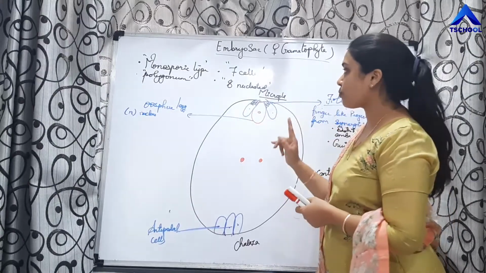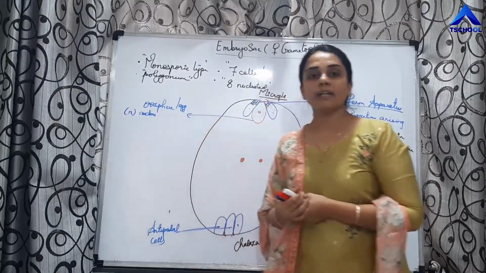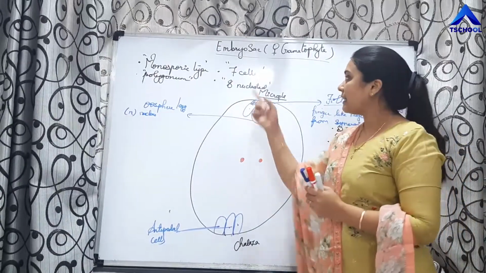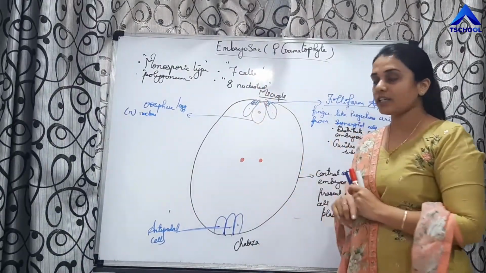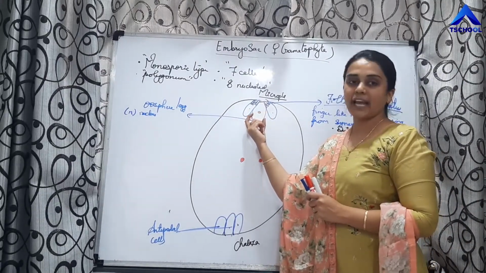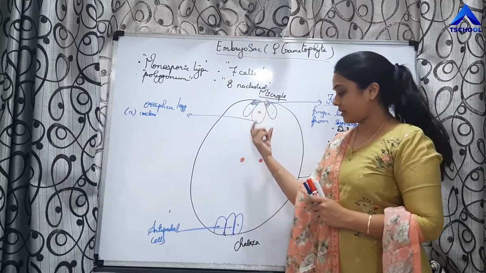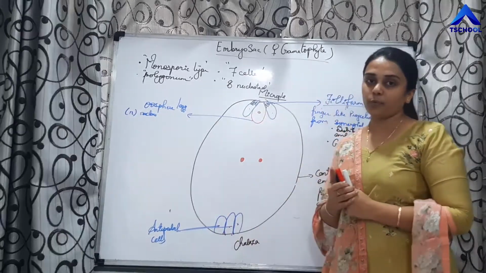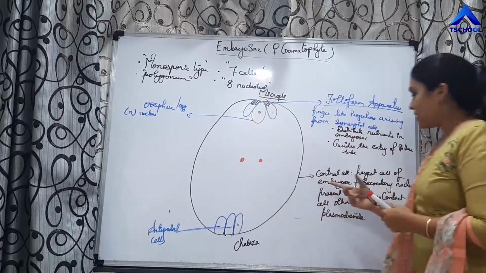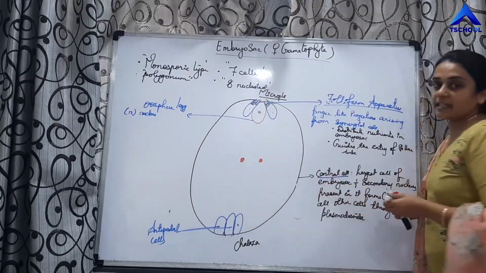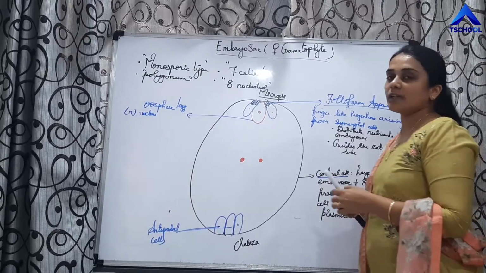It is polygonum type because it was discovered by Hofmeister in the polygonum plant. It is 7 cells. We have counted the cells also: 3 cells towards the micropyle end, 1 egg cell and the 2 synergid cells. 3 cells towards the chalazal end, that is the antipodal cells, and 1 large central cell. So total it is 7 cells, and it is 8 nucleated, right?